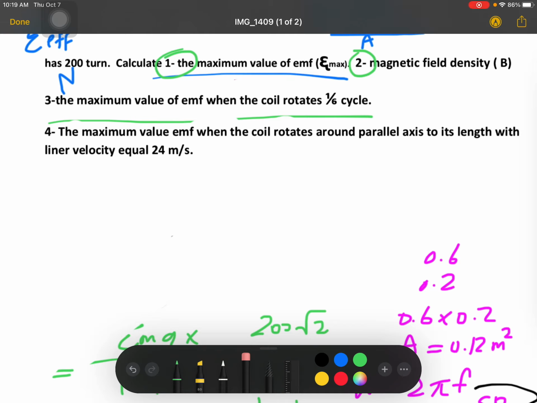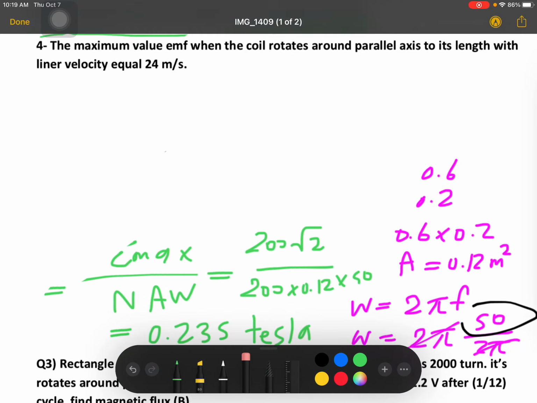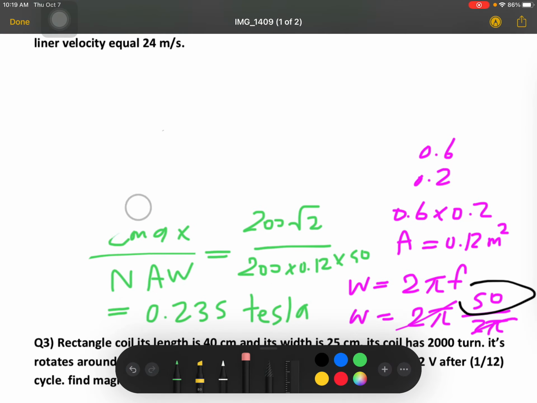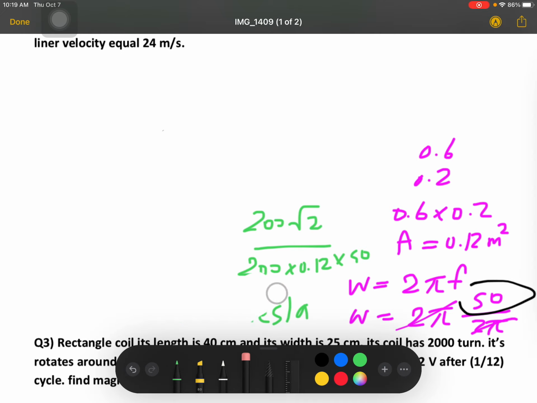Okay, if you remember from the last video, we talked about how we can find omega.